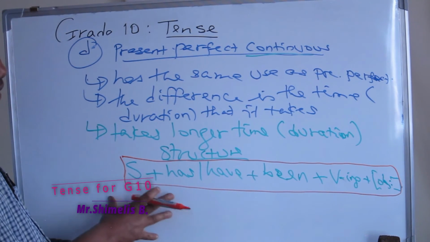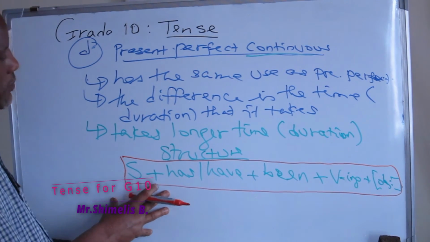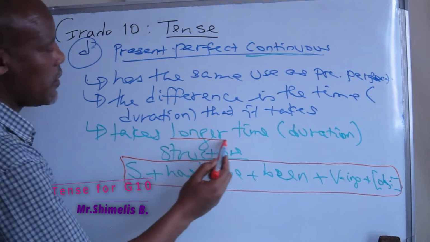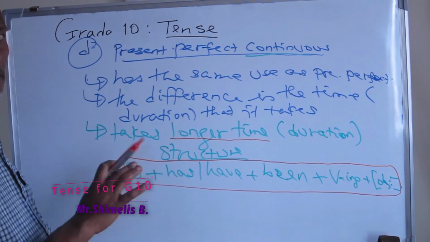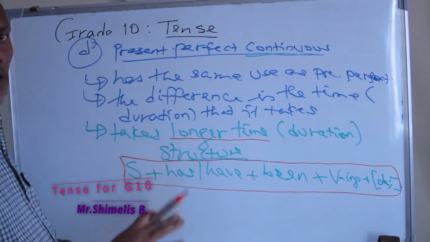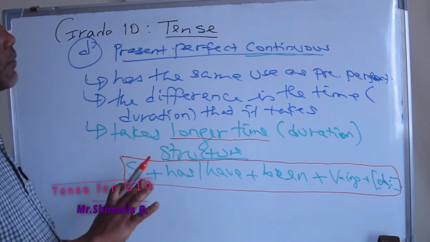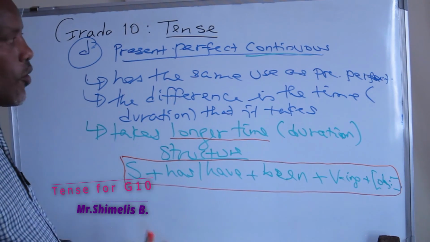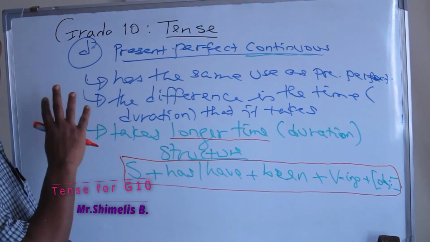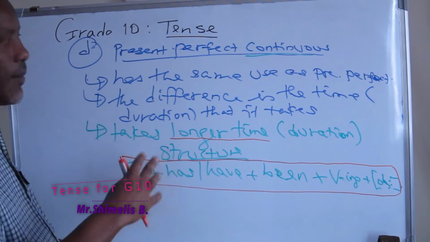So apart from its formation plus the action taking a longer duration, the concept of present perfect and present perfect continuous tense is almost the same. Both express actions which happened in the past and whose effect is still going on, or an action which has started in the past and comes up to the present.